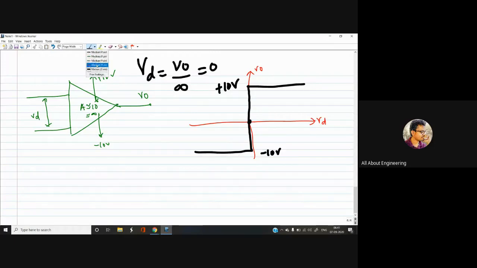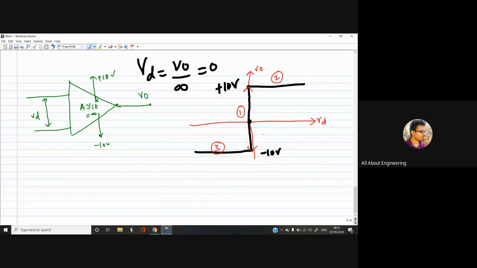Now if you look at this, there are three different zones of operation. This zone is called zone 1, this is zone 2, and this is zone 3. Now, to solve the numerical questions, this analysis is called piecewise analysis of characteristics.